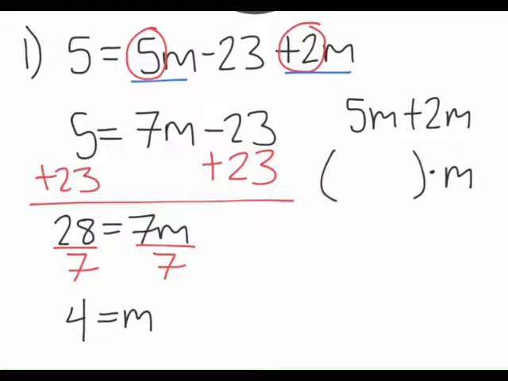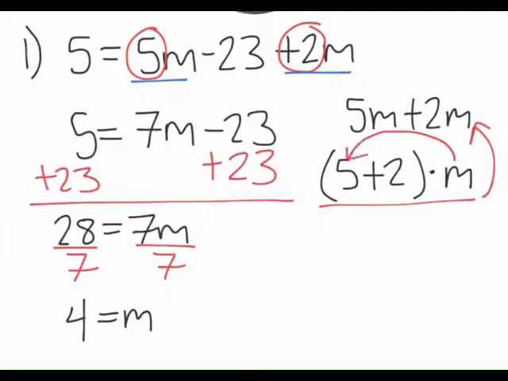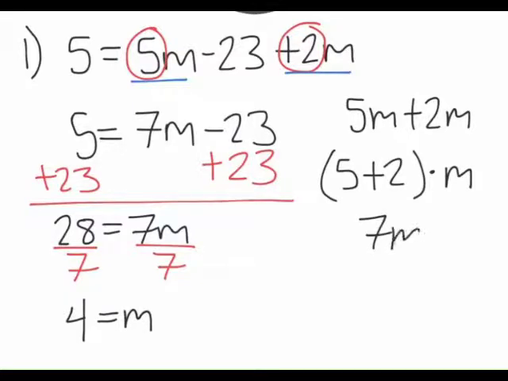And then what's going to be inside the parentheses? 5 plus 2. If we were to go backwards, starting with this line and going up here, all we would do is distribute. m times 5, m times 2. Do you see that? We're just going backwards with the distributive property. And then look here, we get 5 plus 2 gives us our 7, and then times m. Okay? So I just used the reverse distributive property to get here.